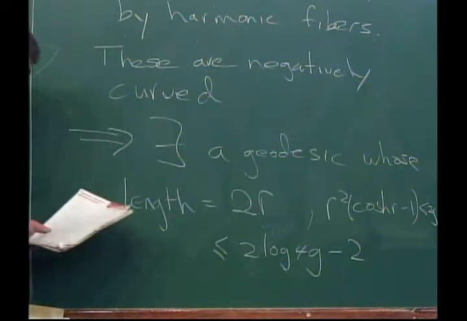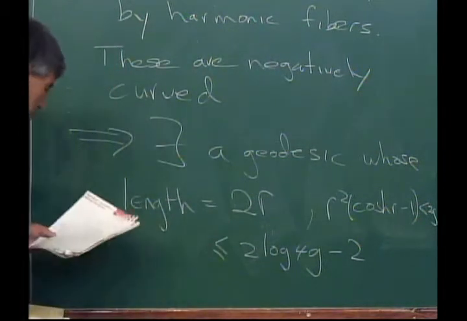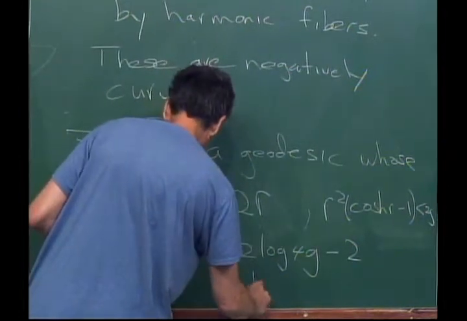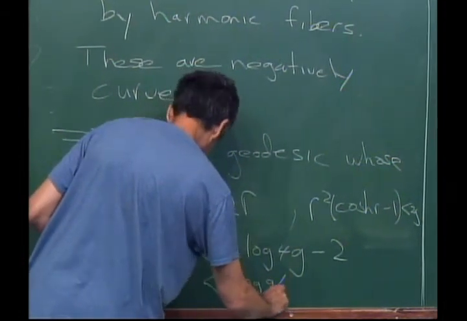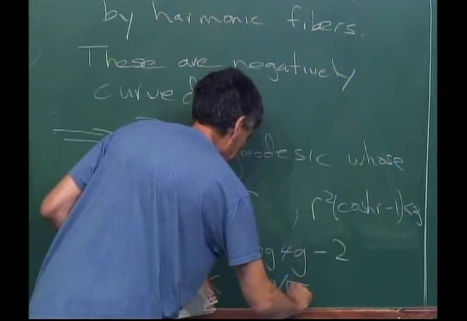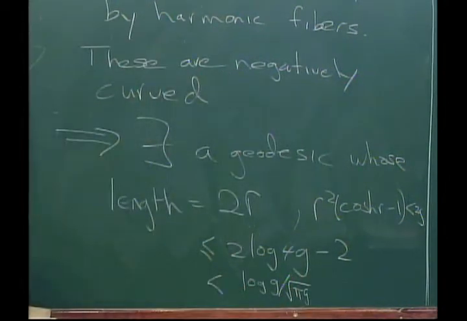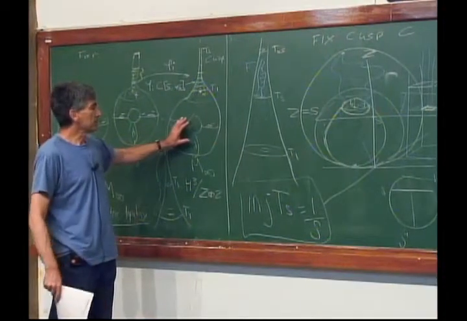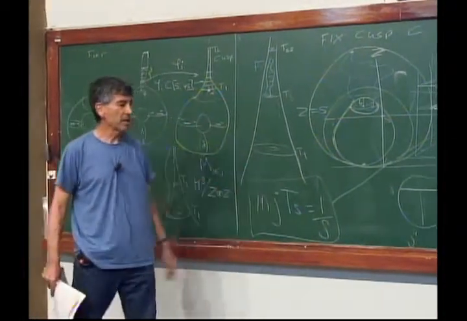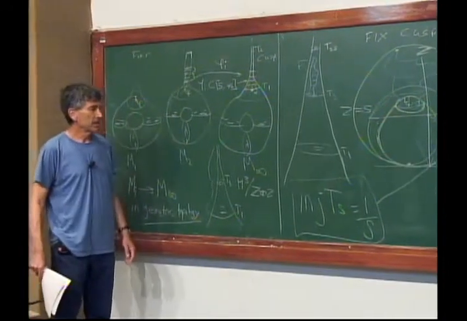And asymptotically, it's known that this is smaller than log of g over square root of pi g. That's a result of Katz. These estimates are fairly robust. So it may be that it's good enough to do the general case.